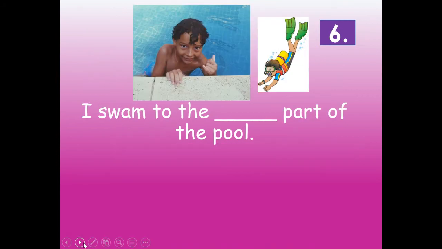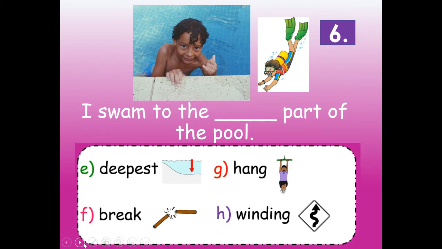Number 6. I swam to the blank part of the pool. I swam to the deepest part of the pool. I swam to the break part of the pool. I swam to the hang part of the pool. Or I swam to the winding part of the pool.